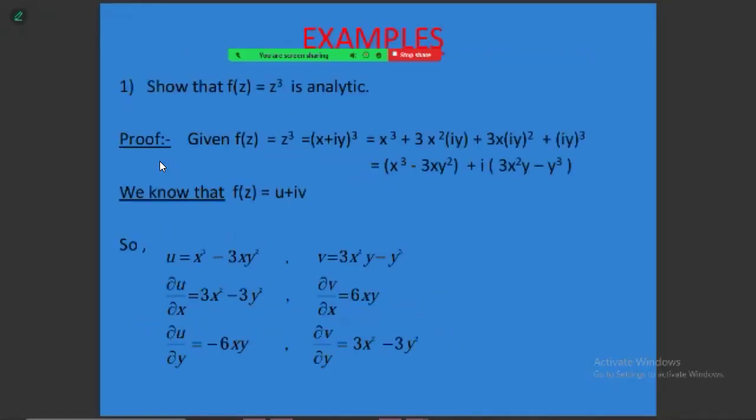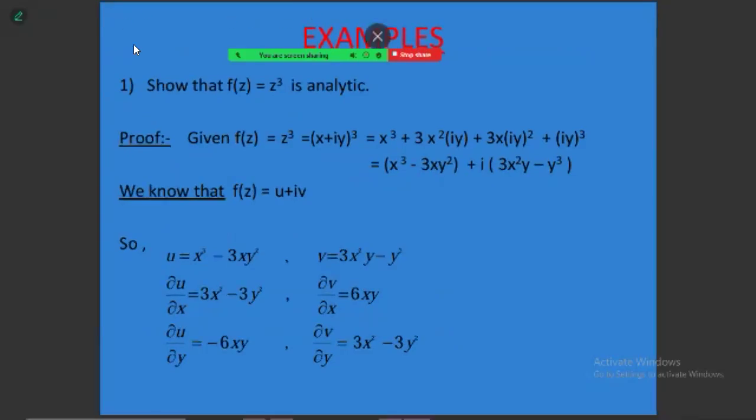So, next, examples for showing f of z to be analytic. First problem: show that f of z is equal to z cube is analytic. For that, given z cube, what is the value of z?